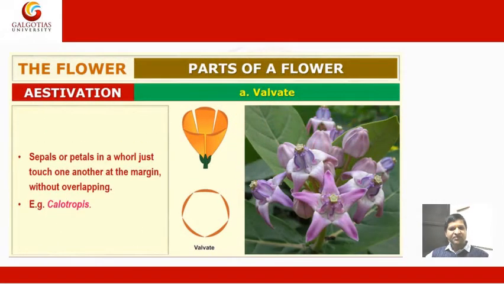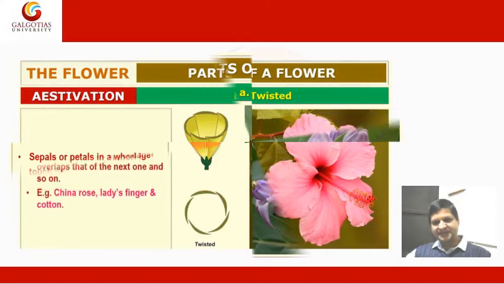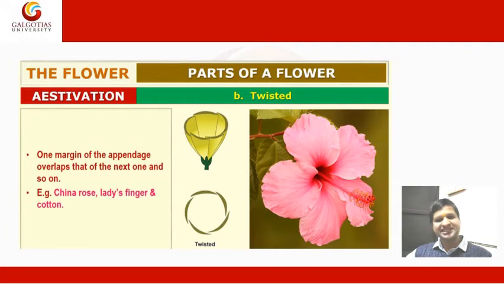So first we will discuss the valvate. Sepals or petals in the whorl just touch one another at the margin without overlapping. Like Calotropis procera, the aak plant, you can easily see the valvate aestivation. Next is twisted.